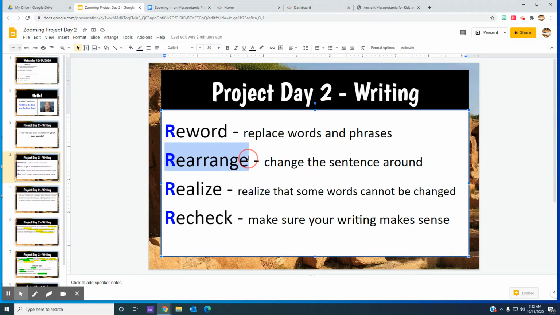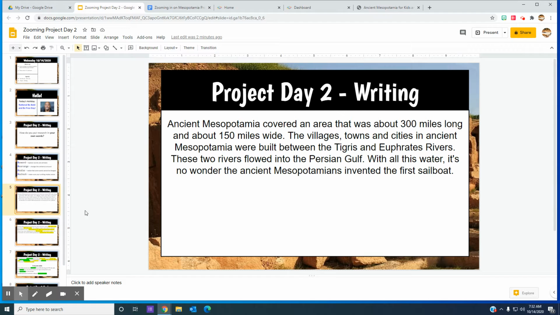The second helpful hint is to rearrange the sentence. Change the sentence around. And then realize means to realize that some words cannot be changed. Very important facts cannot be changed. They have to stay the same to keep the meaning of the sentence. And then go back and recheck your writing and make sure your writing makes sense since you changed it up a bit. Let me show you an example.